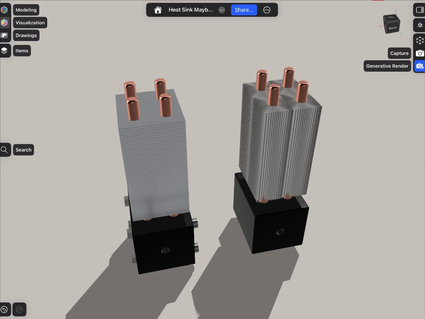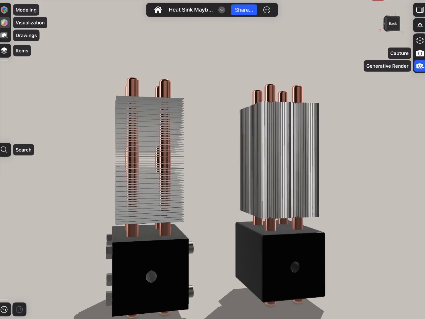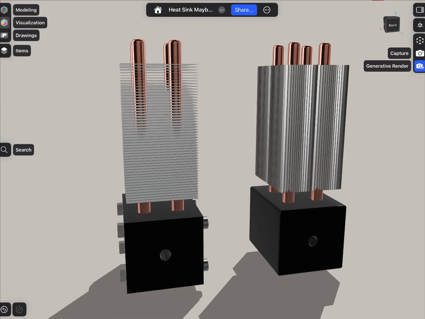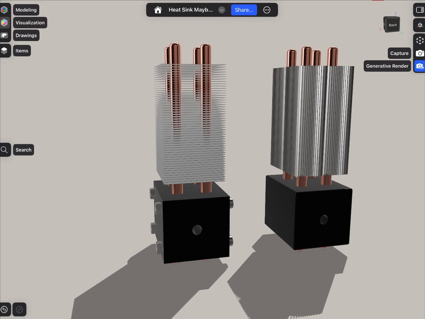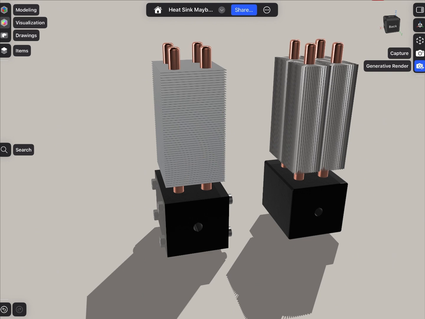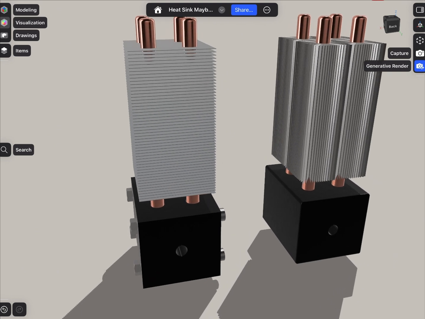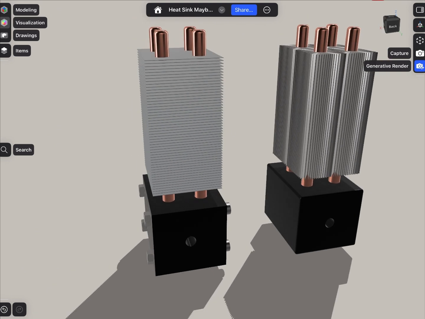And if you don't know what a heatsink is, it's a broad surface area, a surface optimization system that is used for heat rejection. So this is a waste heat rejection system.